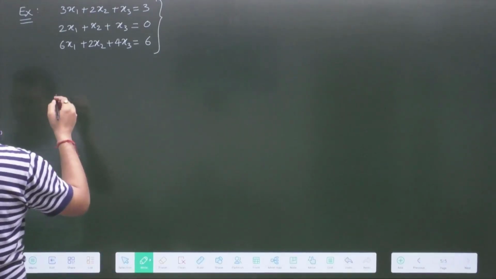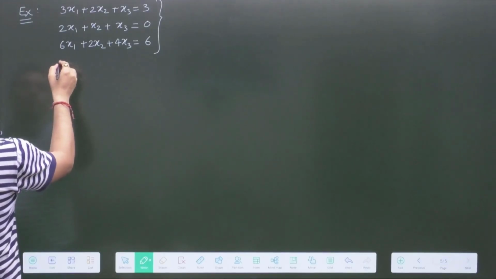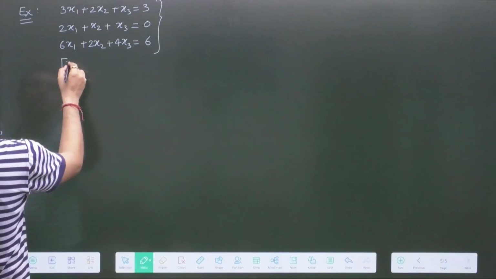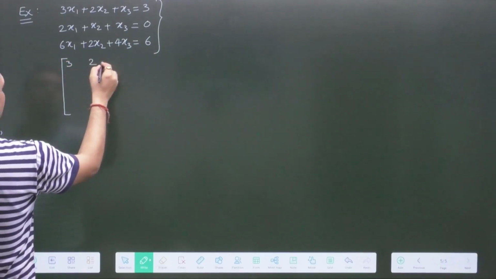So here we will write the augmented matrix, that is 3, 2 and 1.